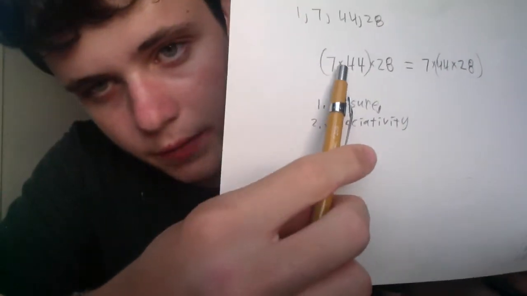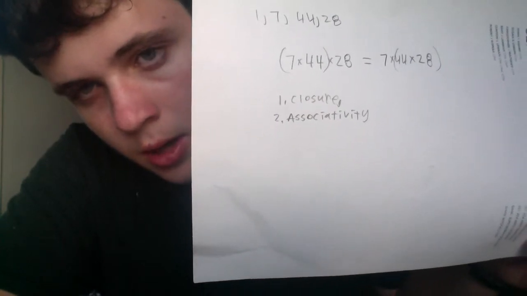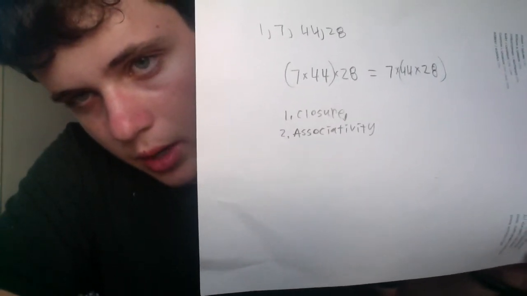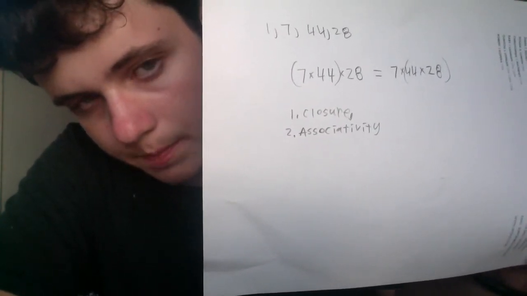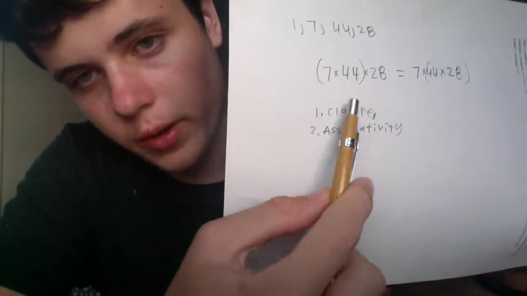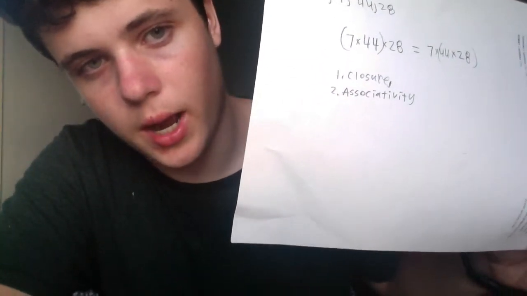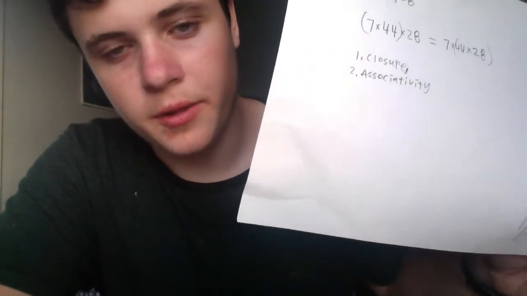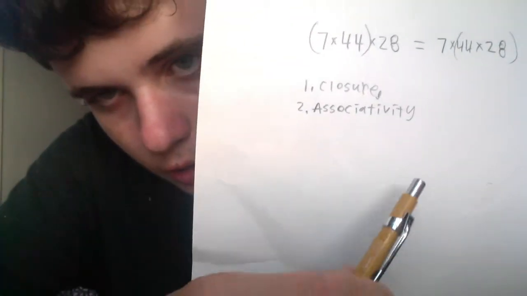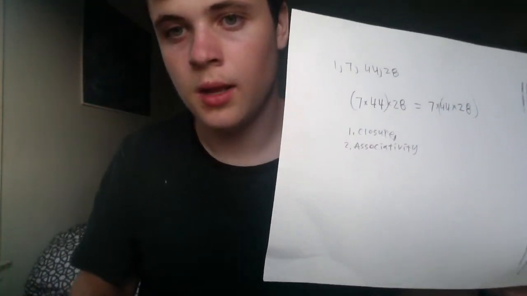So it doesn't matter if I do this one first and then that one, or that one first and then this one. They have to be equal to each other. Therefore when I'm writing this, I'll never have to specify in which order I do them, because it's all the same. This property, that it doesn't matter which one I do first, is called associativity.